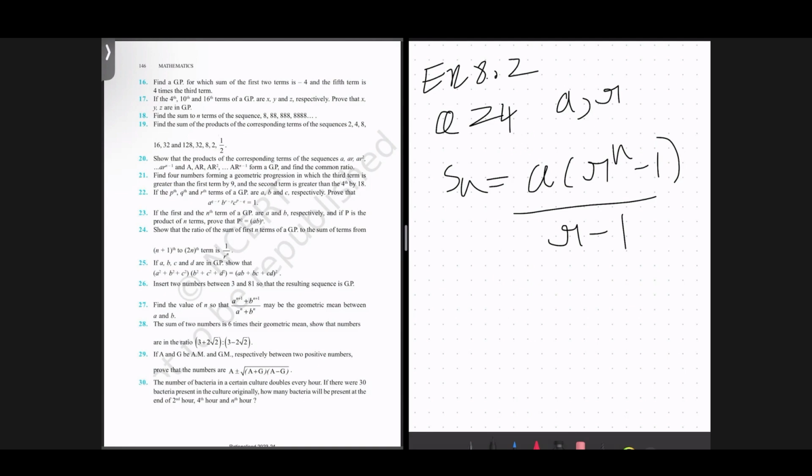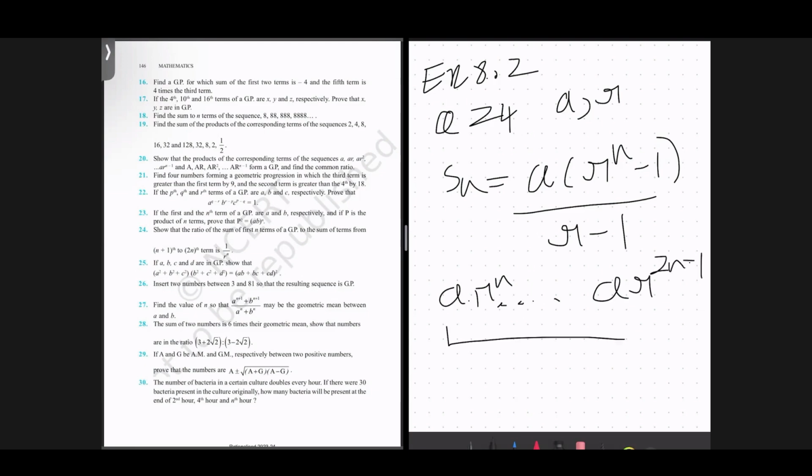What is going to be the n plus 1 term of this GP? The n plus 1 term is going to be a r raised to the power n, and the 2n term of this particular GP would be a r raised to the power 2n minus 1.